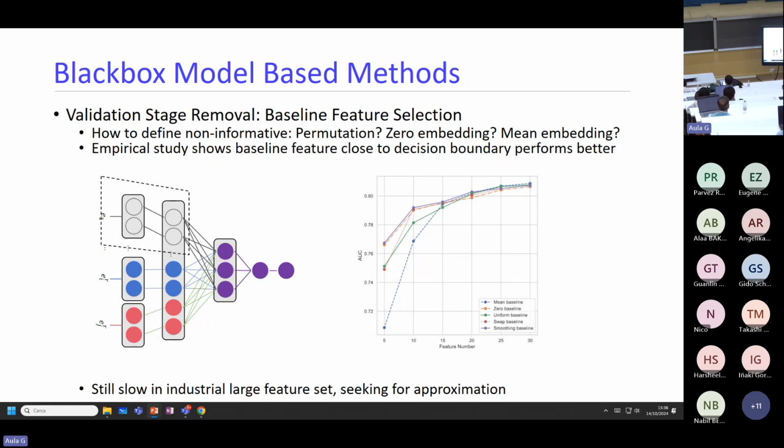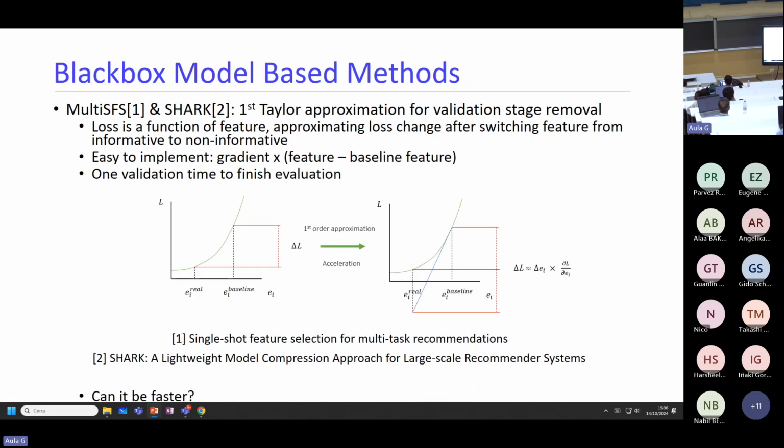So the next step is seeking some approximation, and MultiSFS and Shark applied this technique. They use the first-order Taylor approximation for validation stage removal.